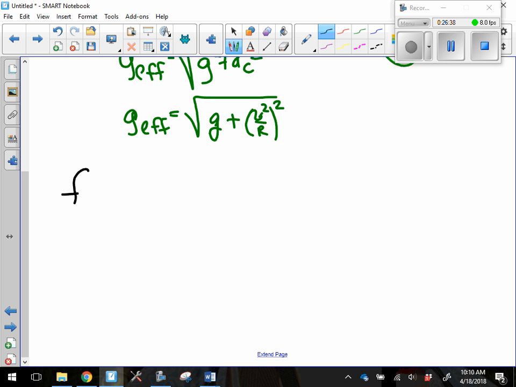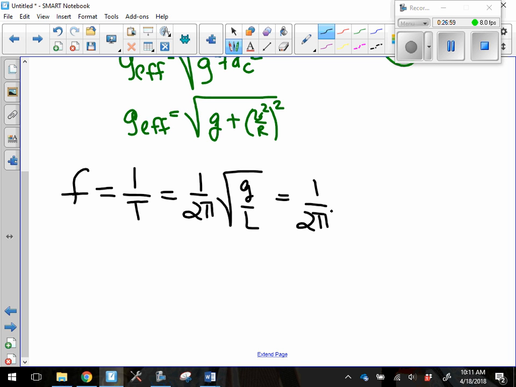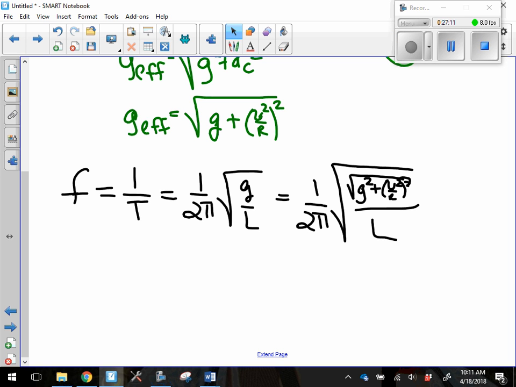So remember how are frequency and period related? One over period. So that's going to be 1 over 2 pi times the square root of G over L. And we just substitute in. And it gets kind of messy. But if you had numbers, you could figure it out.